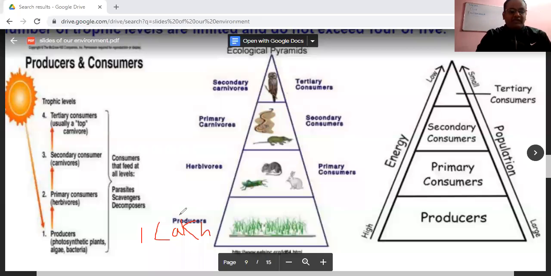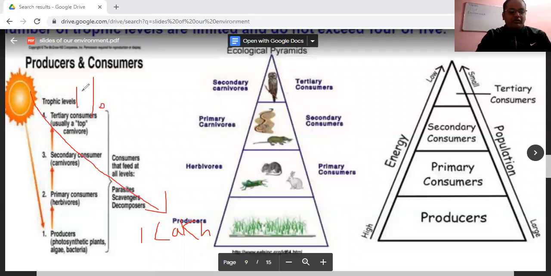joule of energy. Now from this we all know that the grass is getting the energy from the sun, but remember student, whatever energy is coming from the sun to the producer level, the producer level is able to capture only 1%. Remember, this is very important.